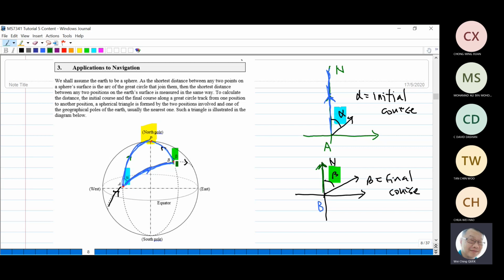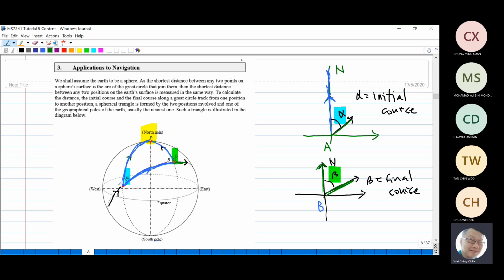This is the track here. So this angle in the green color, this is the track here. Just now the track is this one, right? Follow the track here. Then you find that angle beta, we have a name for this.